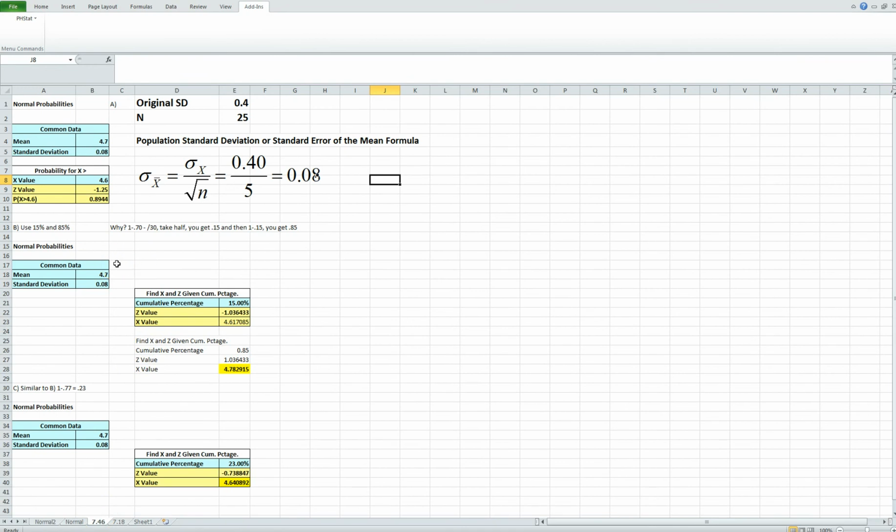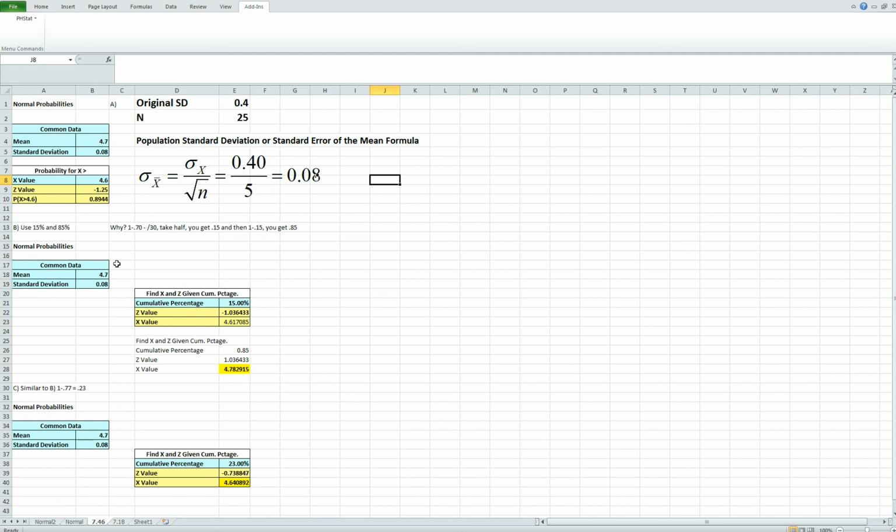For B, this is similar to just knowing about symmetric distributions. We have to take that value of 70%, subtract it from 100, which gives us 30%, and then split it in half, which gives us an initial tail end probability of 15%, and then 100 minus 15, you get 85%.